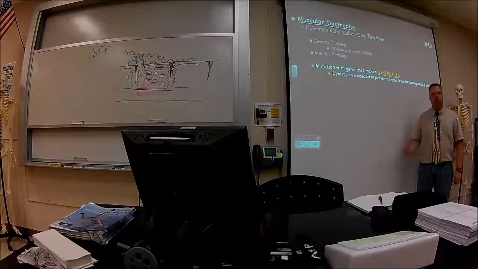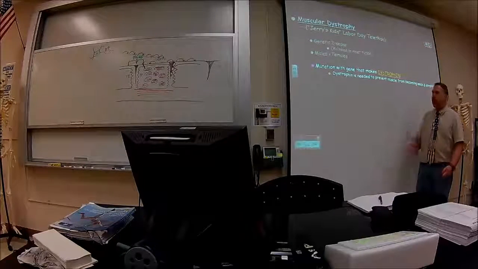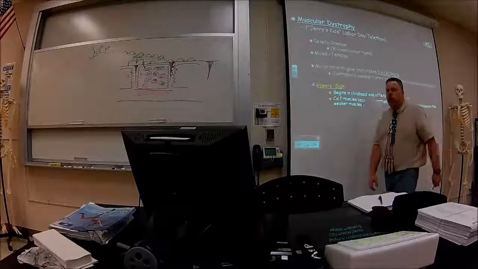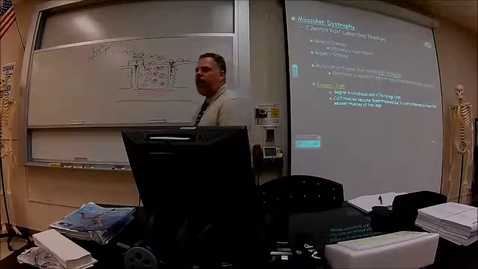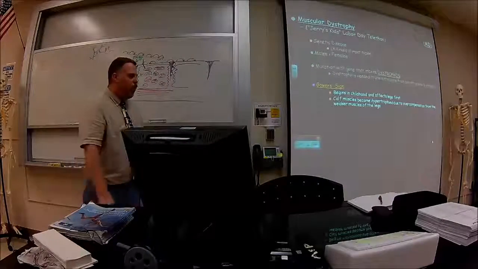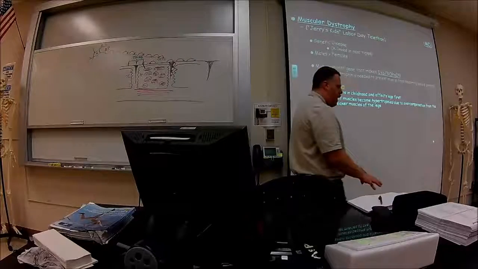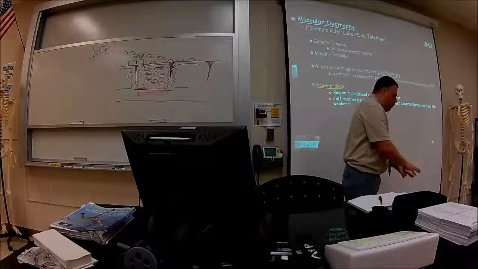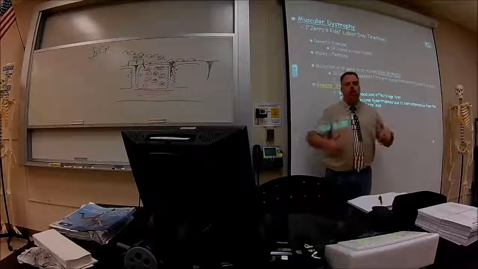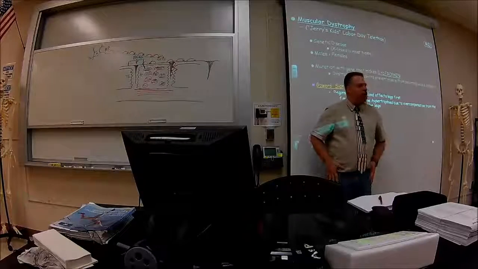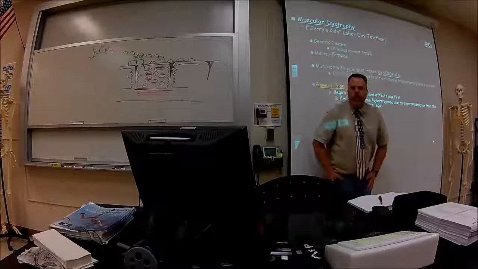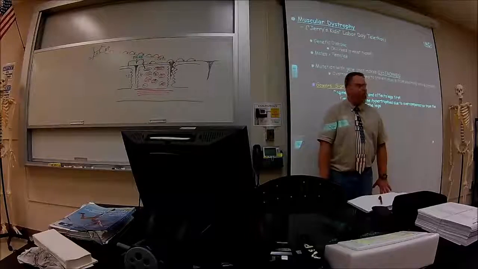If you need to move things, like lift things up, okay? There's something called Gower's sign that we see in childhood. I'll show you a picture of it. But basically, with muscular dystrophy, their thigh muscles get affected first, and then it moves downward to the lower legs, okay?